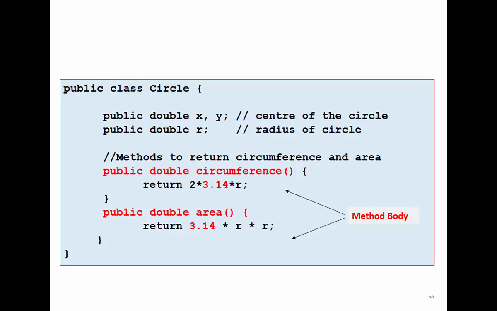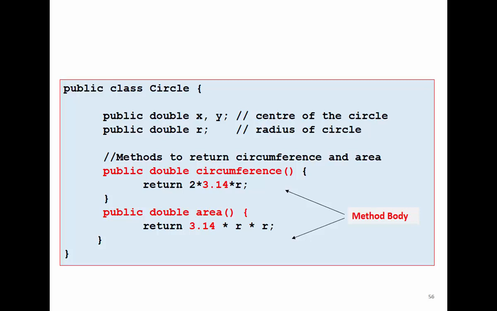It's good to use Math.PI, so I need to import the Math class in my program, but now accept this one from me as hard-coded for the pi, 2 times 3.14 times R. I calculated the area, pi times R squared, and I return the area to the user.